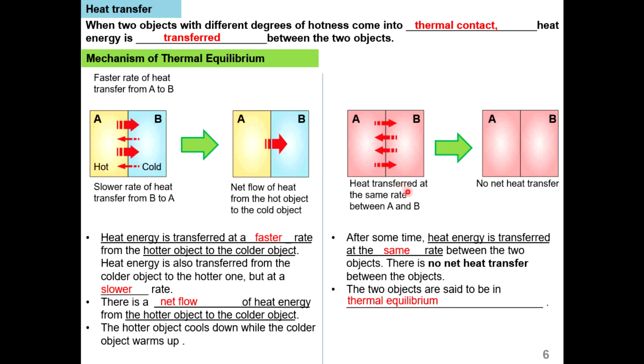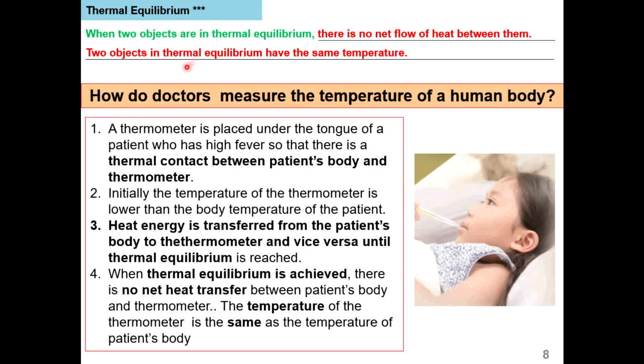Then when thermal equilibrium is achieved, the heat transfer from A to B and B to A will be equal, so there is no net heat transfer. As a result, the temperature of the objects will be equal, and thermal equilibrium is achieved. Make sure you remember, when two objects are in thermal equilibrium, there is no net flow of heat between them and they have the same temperature.